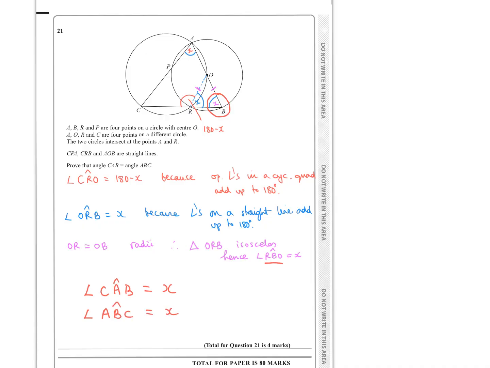I know here we called it angle RBO, but can you see that angle RBO is the same as angle ABC? Because R lies on CB, doesn't it? Because it tells us this information here. It tells you they're straight lines. So we can say from this angle CAB equals angle ABC.